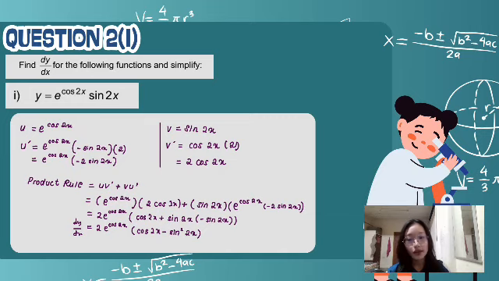We can multiply the sin 2x and negative sin 2x together, so it will be negative sin squared 2x. So the final answer for this question is dy over dx equal to e to the power of cos 2x bracket cos 2x negative sin squared 2x.